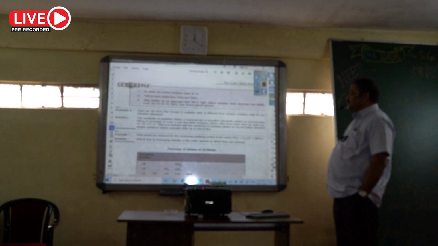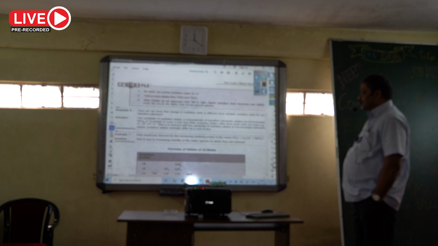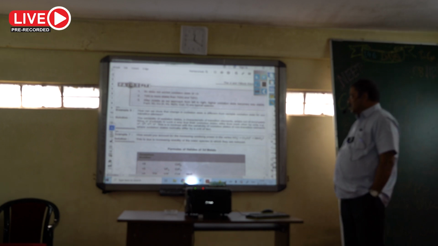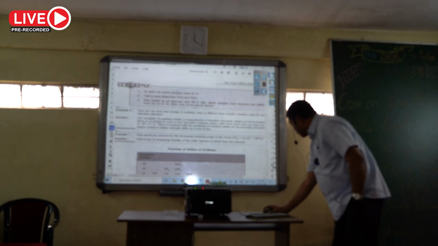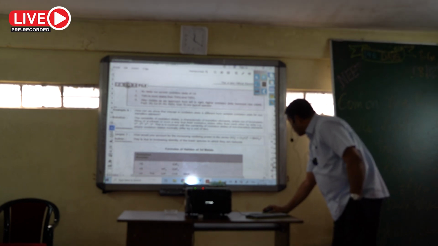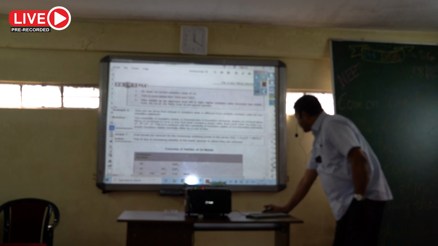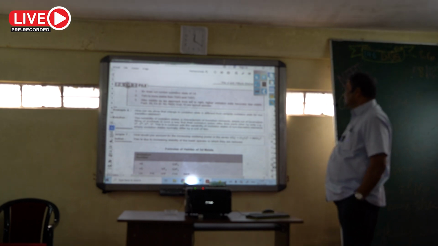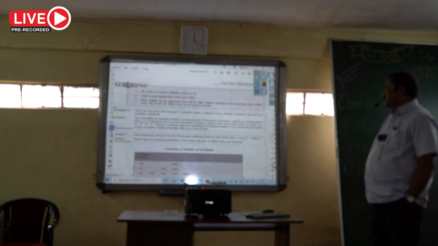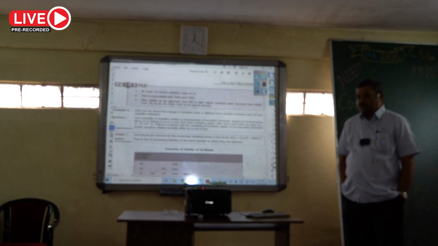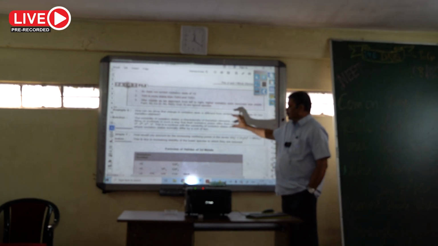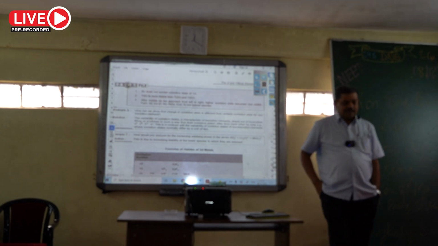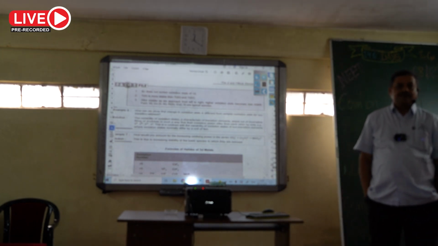Actually, this point in P block and D block comparison, see this para, if it is visible. Or I will explain in a nutshell.